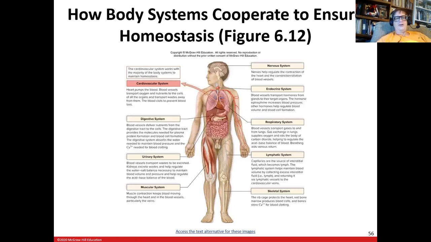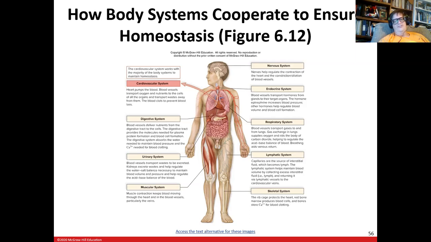All right, so they have a pretty picture here. You understand that the cardiovascular system is helping the digestive system. It's moving nutrients from the digestive system to all the other systems. You know, the skeletal and the muscular system need a lot of calcium that you get from your food.